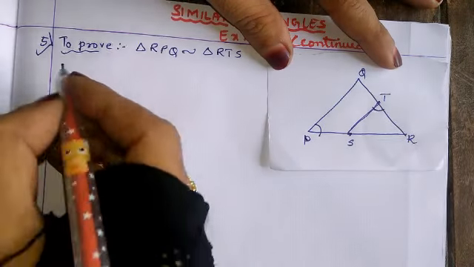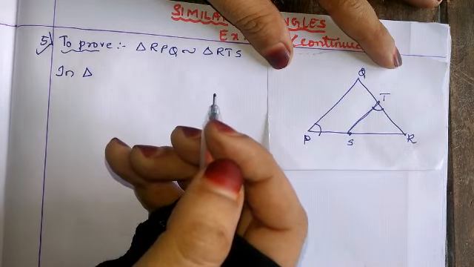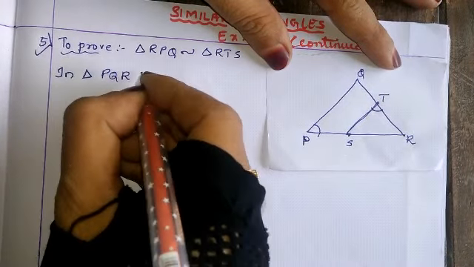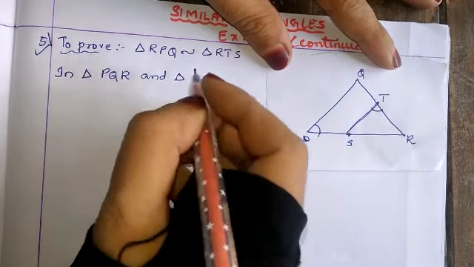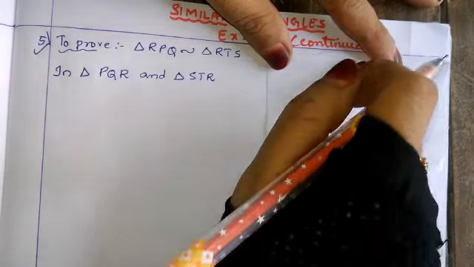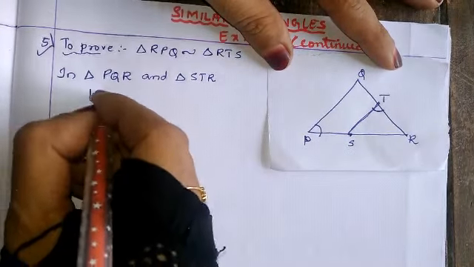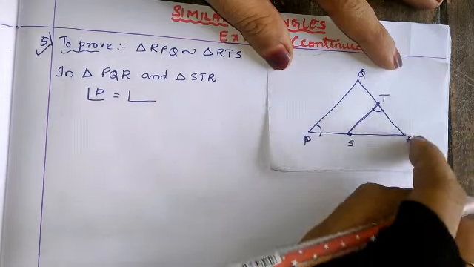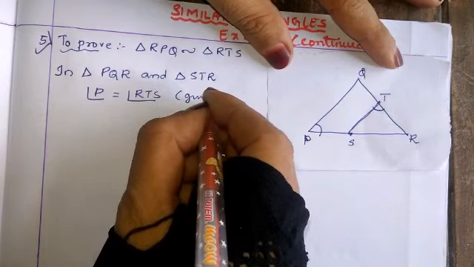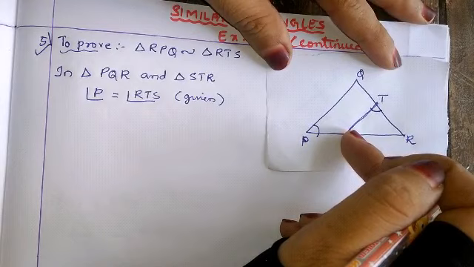Okay. Now let us see, in triangle PQR and triangle STR. You just see PQR, STR. It is given that angle P is equal to angle RTS. It is given in the question that they are equal. Angle P and angle RTS are equal.